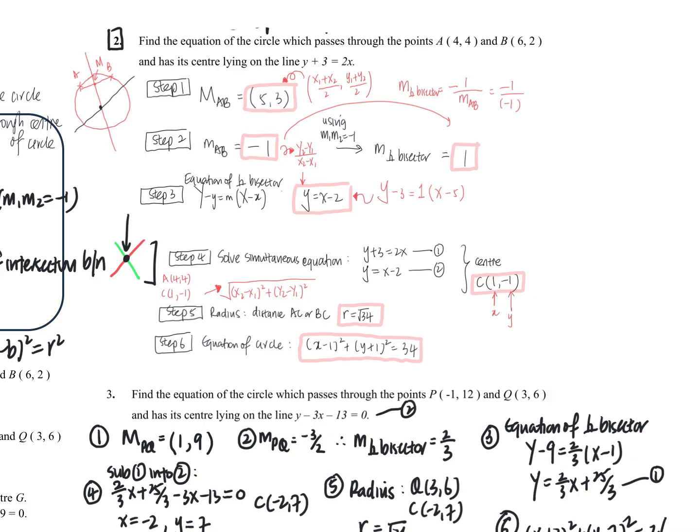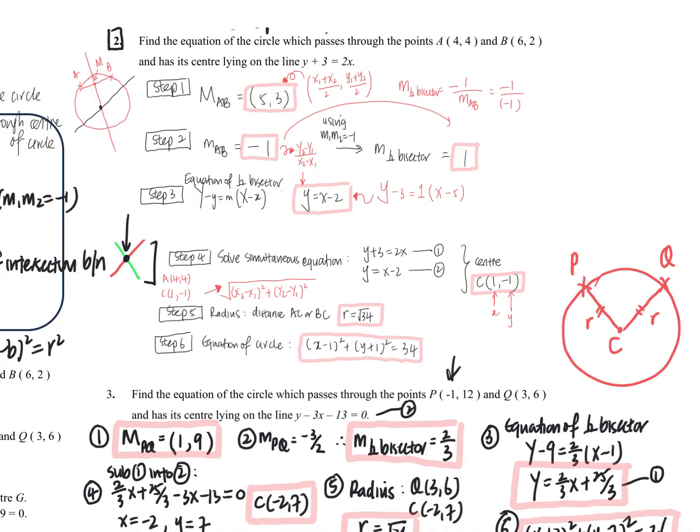Okay, something like that, okay? Because the y values are the same, so actually this is a horizontal line.